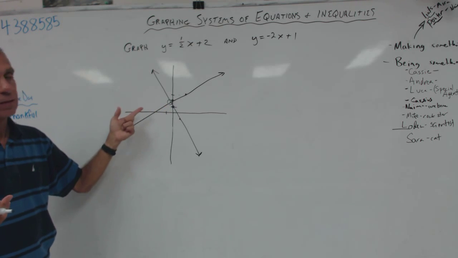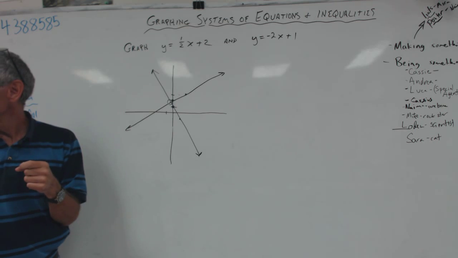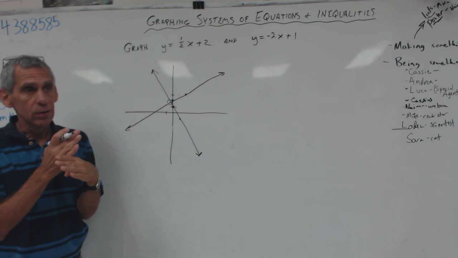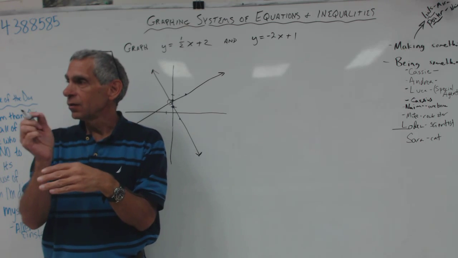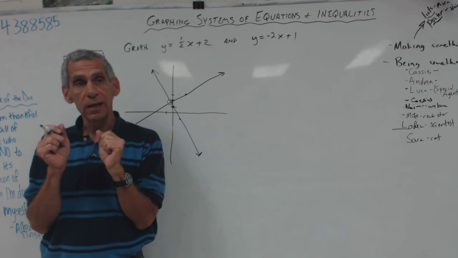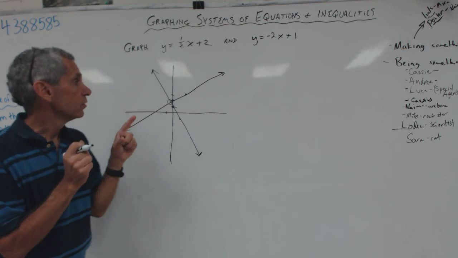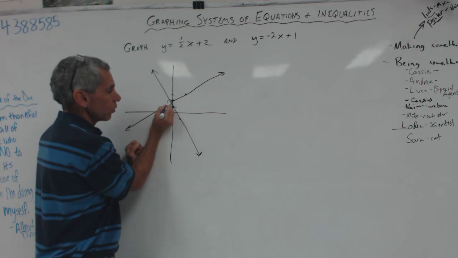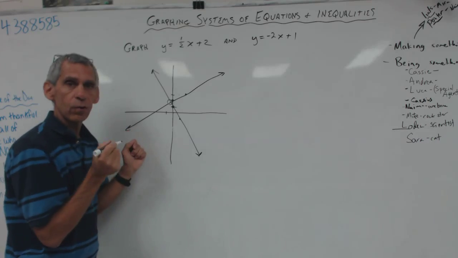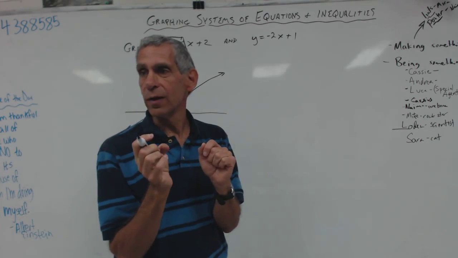And the goal with these, on the ones on the homework tonight, if you're really careful, you have to be very, very, very precise when you graph these. I would even recommend using a ruler, because you want to know exactly where that point is. You don't want an approximate point. You want it to be exact.